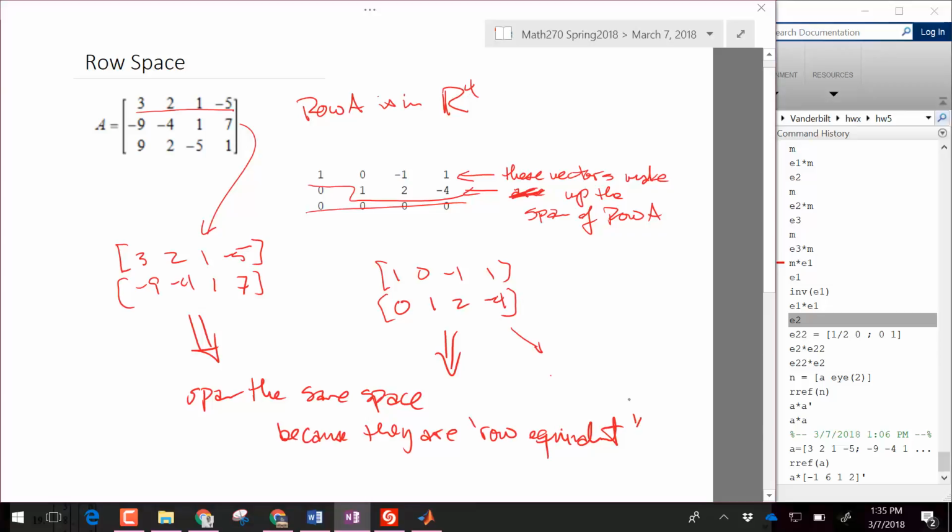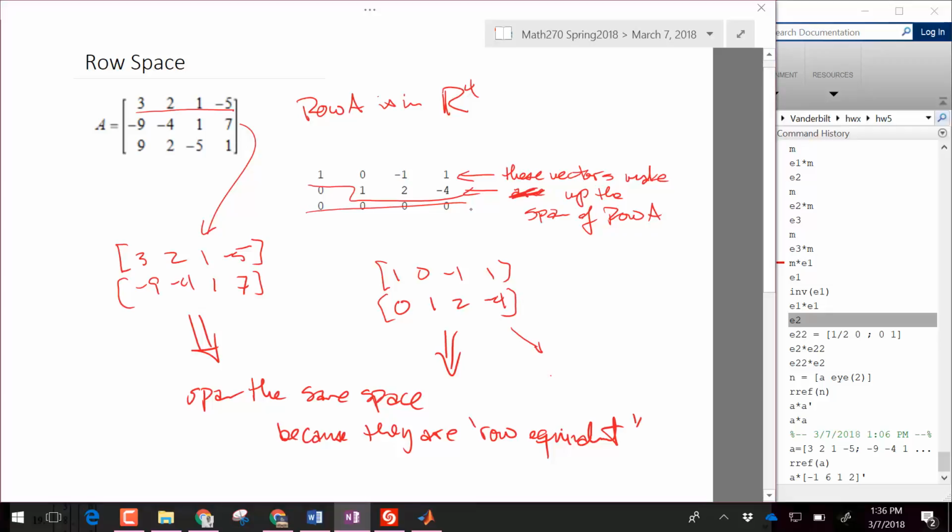The way we got from the original matrix A to the reduced matrix is through basic row operations. Imagine what you're doing in your row operations: multiplying by a scalar and adding it to another vector. All you're doing is taking scalar multiples of things and adding them, so that's just linear combinations, and you're not changing your space by doing that.